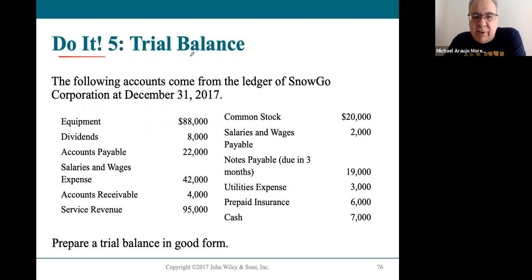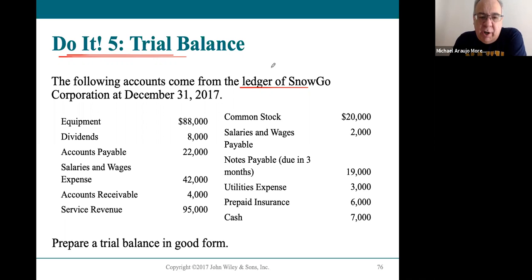So here your Do It exercise for objective 5 gives you a bunch of accounts from the ledger of SnowGo. Now, this is not normally how we would do a trial balance, because you would simply look at the ledger, where the accounts are already organized and ordered for you.